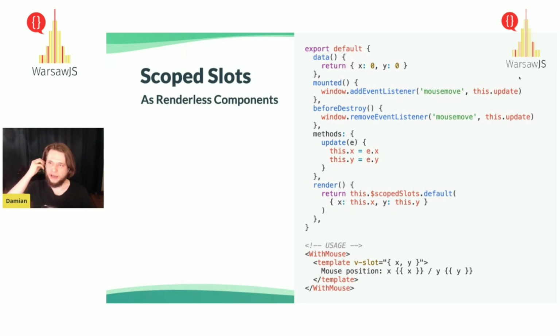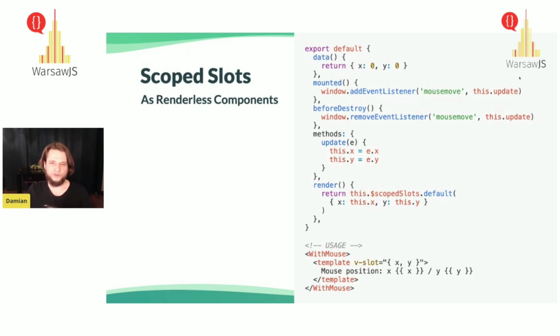So, scoped slots as renderless components. The uncommon thing for beginners in Vue will be the render method that you can see at the end of the component declaration, which is returning the default scoped slot.